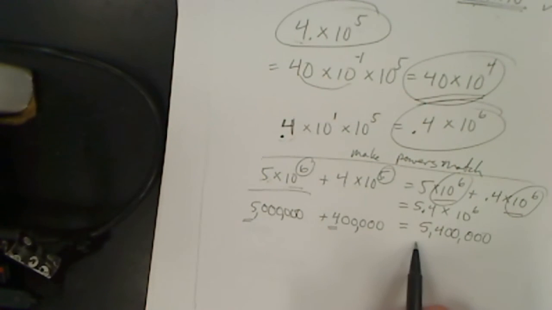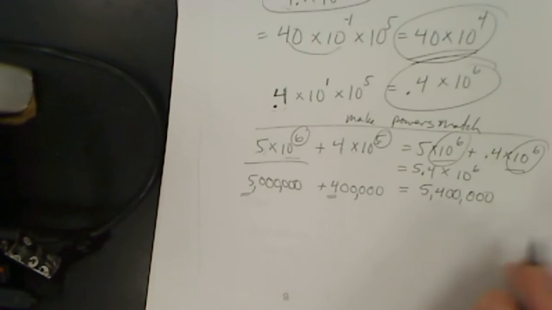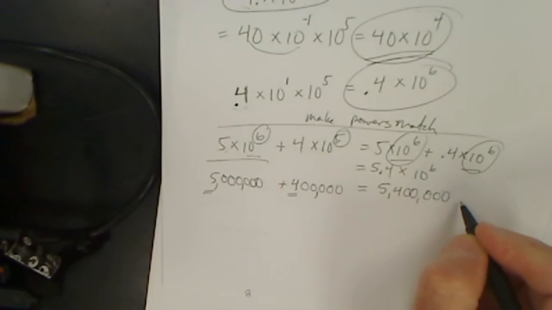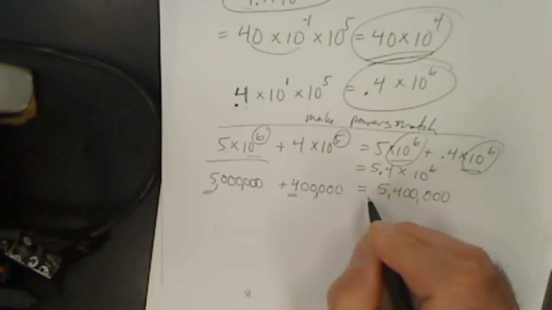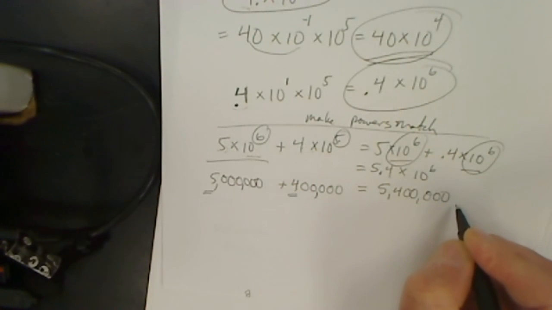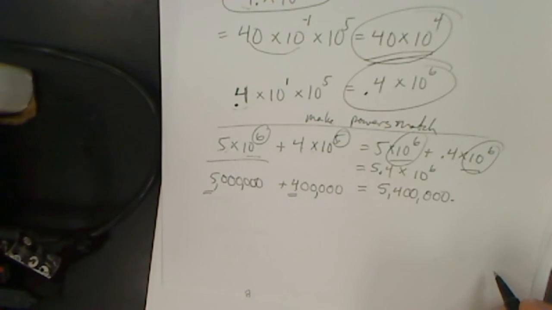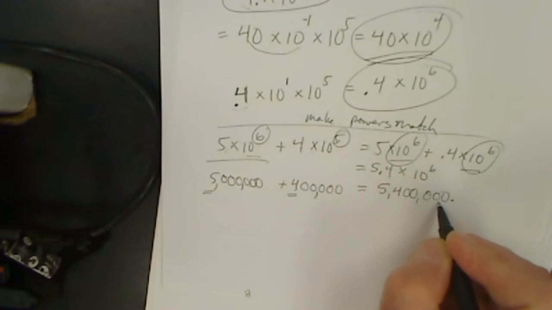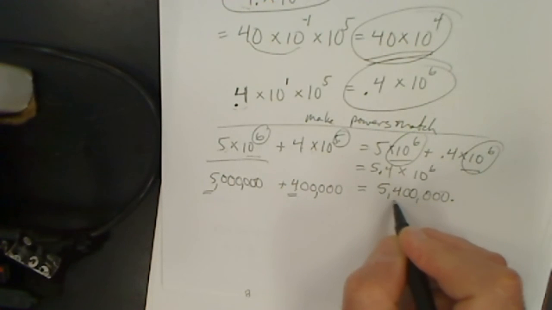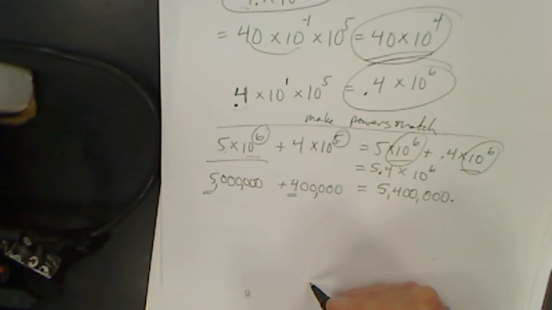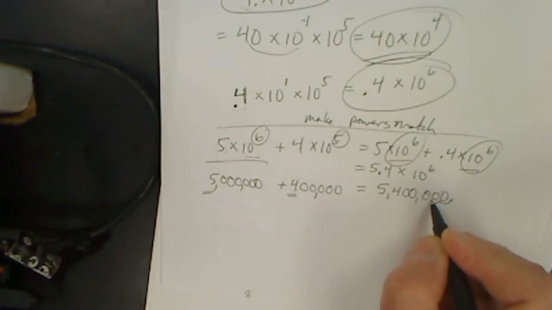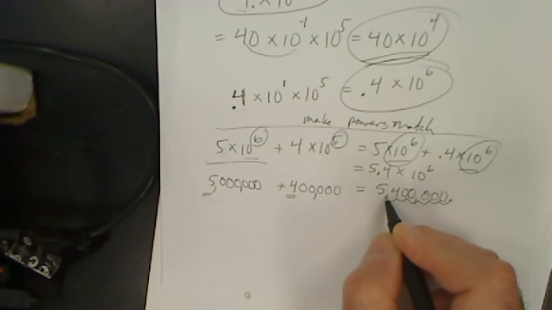So now look down at our number here. Where's the decimal point? At the end, right? And so how many times do you need to move it? How many places? 1, 2, 3, 4, 5, 6. That's right.